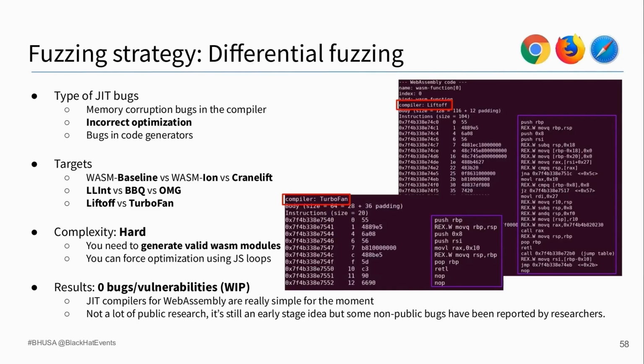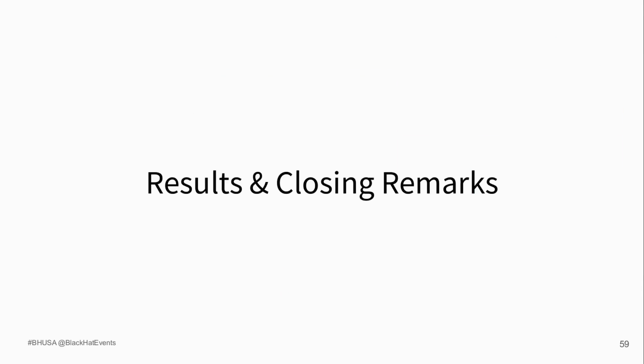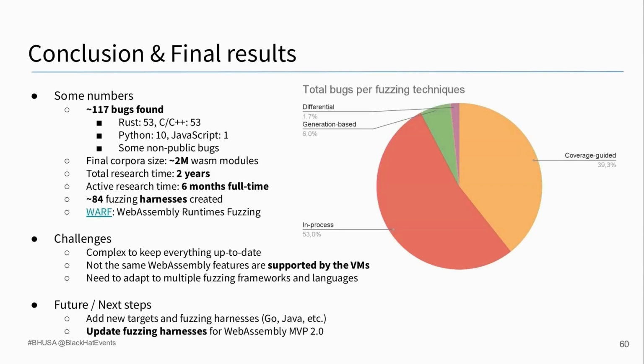The final result of all this journey is something like 120 bugs, more or less. Some of them I maybe just forgot. The final corpora size is like 2 million WebAssembly modules. As I mentioned, I'm storing everything between all those different tools, targeting more than 20, 30 targets, so it's becoming a really huge corpora.